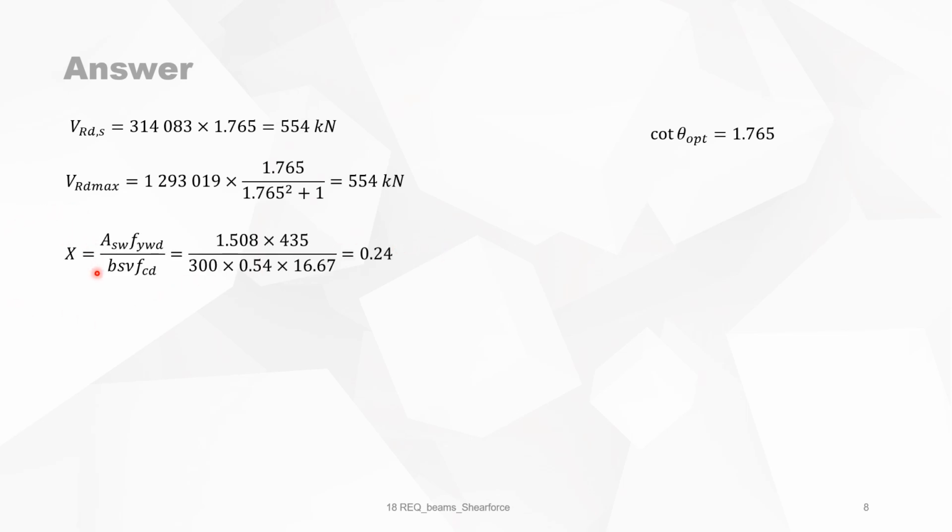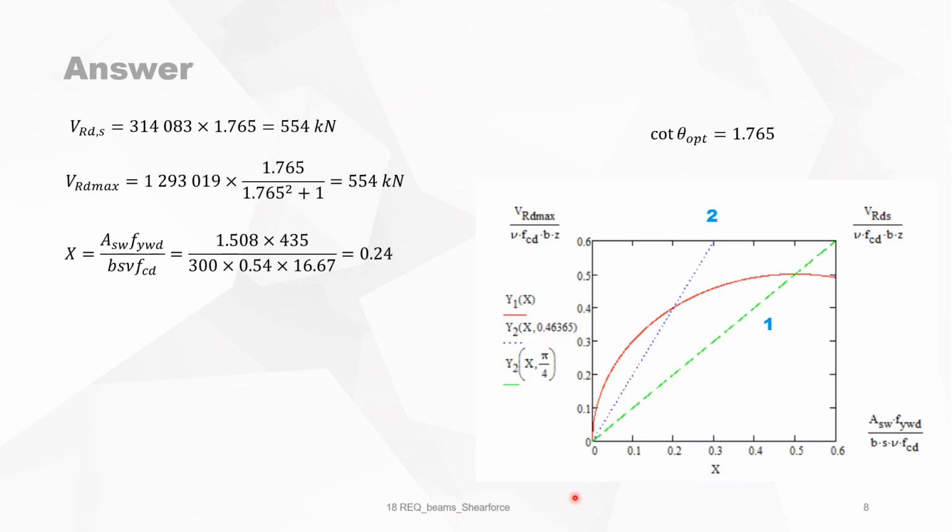Now let's look at the parameter X, which is the dimensionless factor of the stirrup reinforcement. And you can make a graph from X in function of VRD max, the compression field resistance, and VRDS, the stirrup resistance. We know that this is coming from the stirrup resistance, and this is from the compression field.